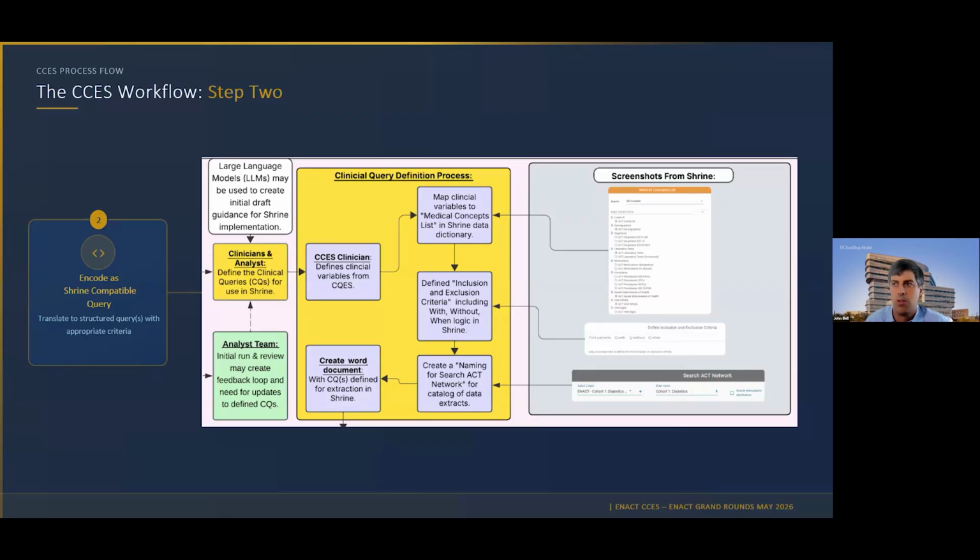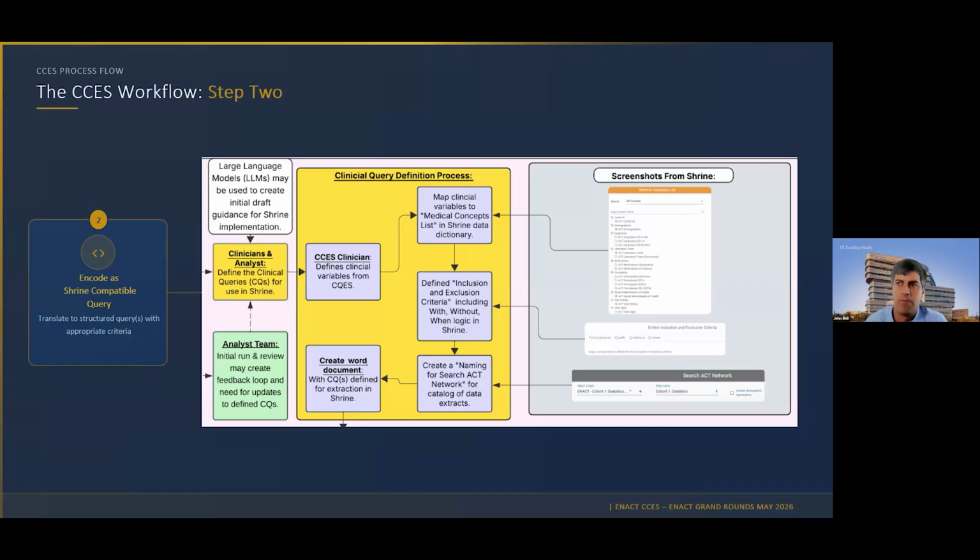We've talked about using some large language models initially to do some of that work, just putting it into some publicly available large language models. We've done some of that, but a lot of times we're still using our clinicians and analysts to think through that query and come up with how we would define that.